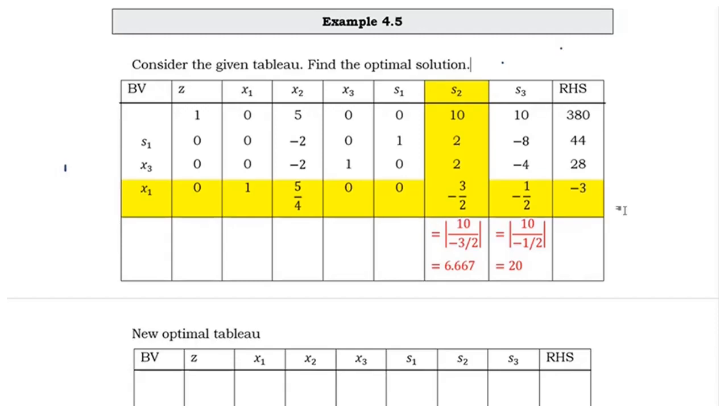The ERO for row 3 is negative 2 over 3 times R3, and we get the new row 3.